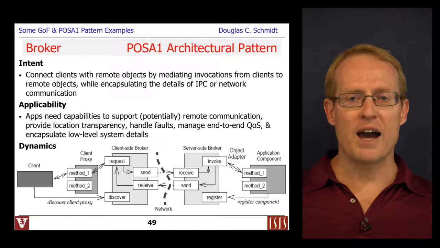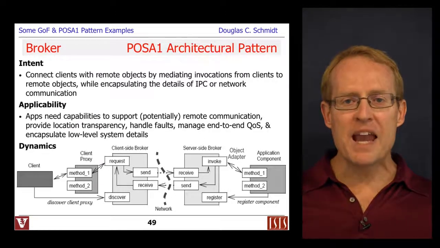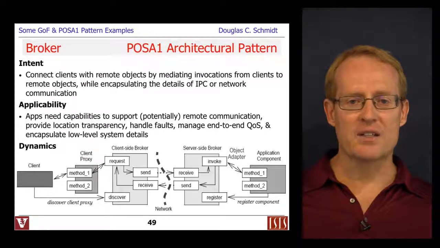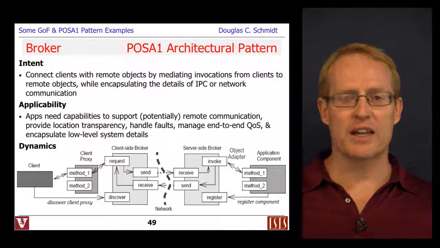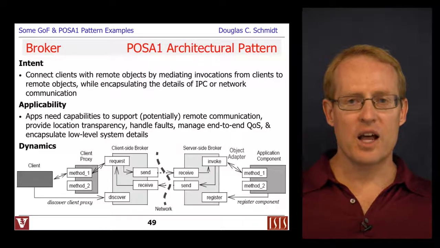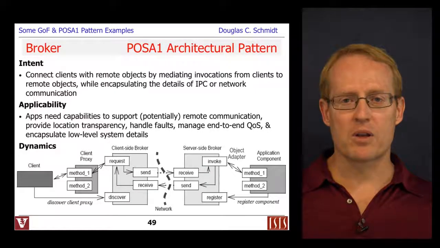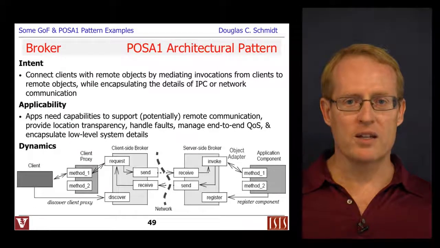The intent of the broker pattern is to connect clients with remote objects by mediating invocations from clients to these remote objects while encapsulating or shielding the objects and the clients from the low-level inter-process communication and networking details.